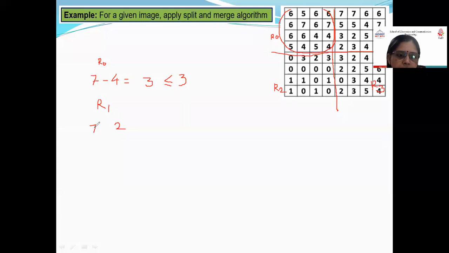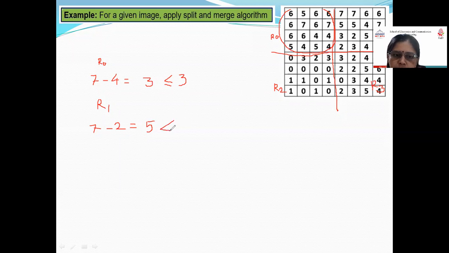Yes, Chandan. And 7 minus 2, this difference is 5. So whether this region satisfies the criteria for homogeneity, please type your answer in the chat box, yes or no.